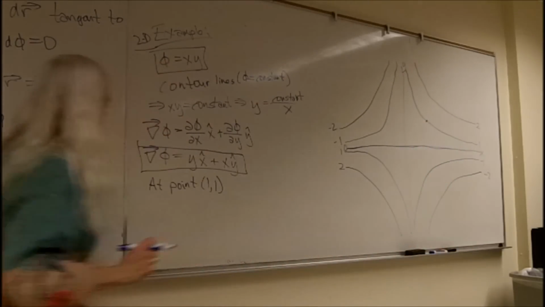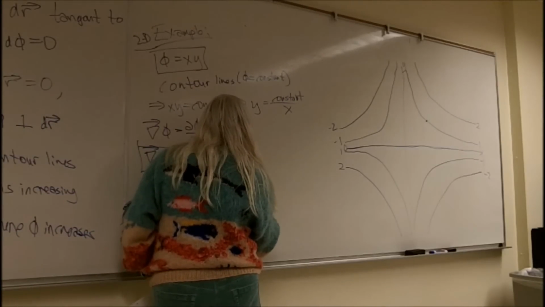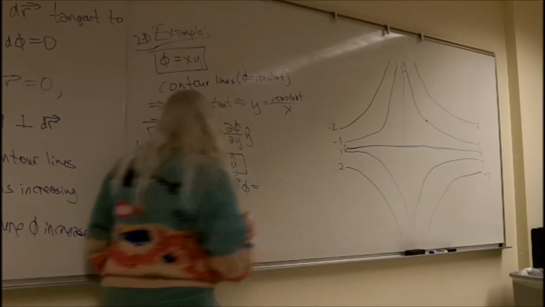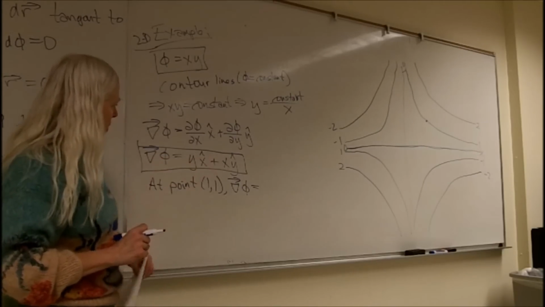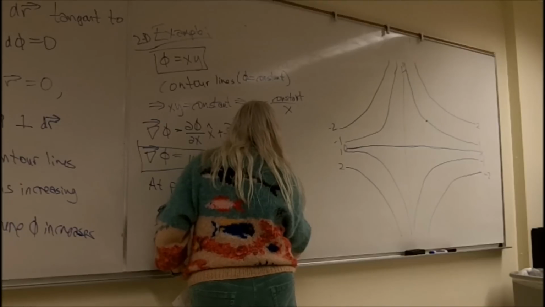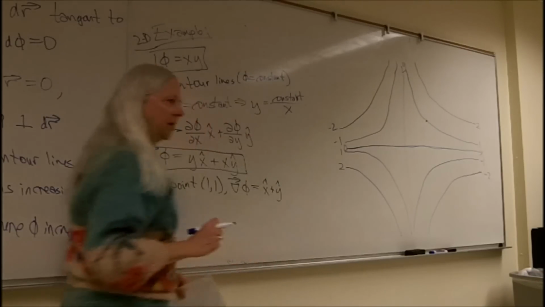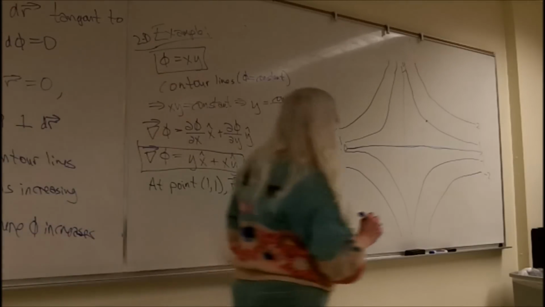So at that point, let's evaluate the gradient of phi. We just plug in x equals 1, y equals 1, and the gradient of phi is then x hat plus y hat. So let's imagine what direction that vector is in.